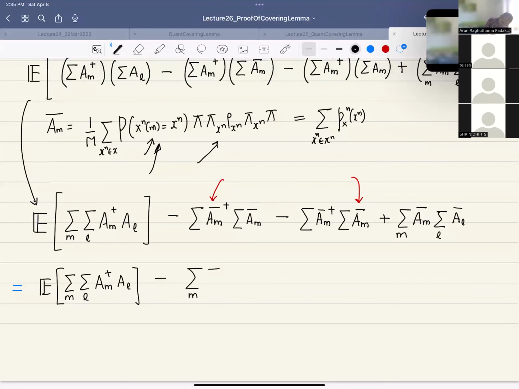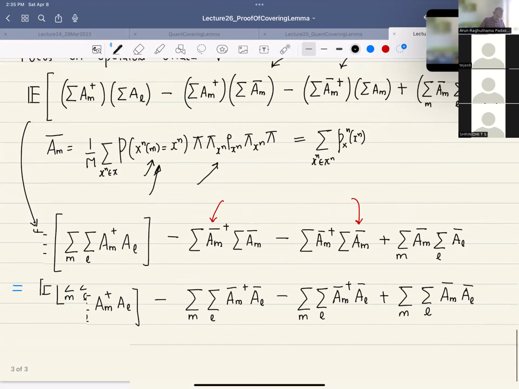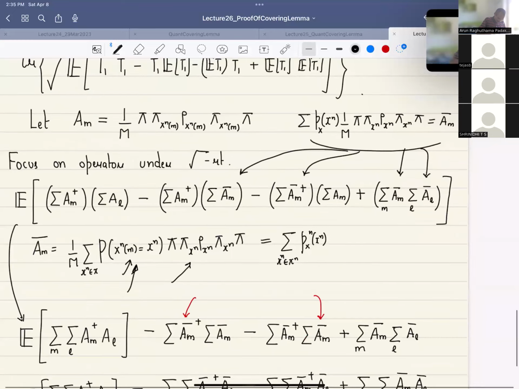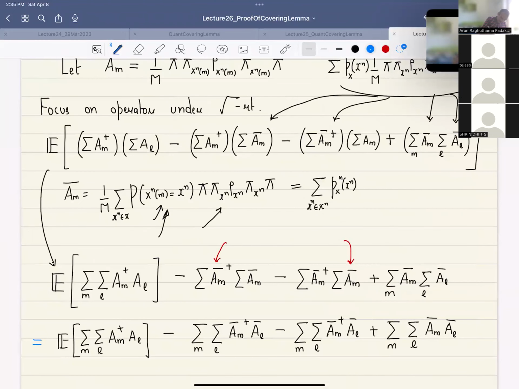M L, AM bar dagger AL bar minus M L AM bar dagger AL bar plus same thing M L. How many of you believe this? So I'll let you look at these 3 steps. So this is what I started. I have this, then I have this.